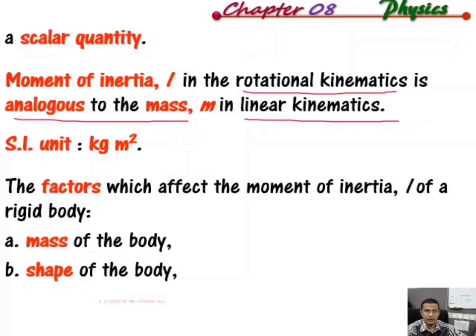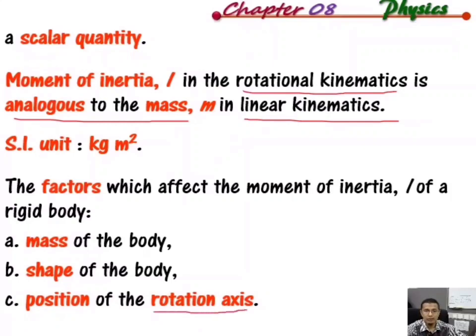The last one is the position of the rotational axis, because when you change the rotational axis, it will change r. So from the equation I equals the sum of m r squared, we get two factors: the mass and the position of the rotational axis.